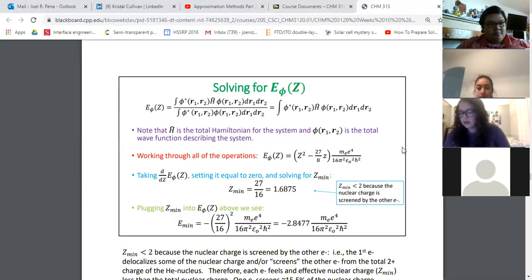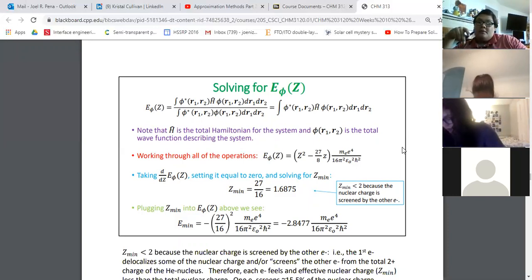Because now he's separating the Hamiltonian into each electron. Okay. Oh, okay. Yeah. Hold on, I'm trying to read this.